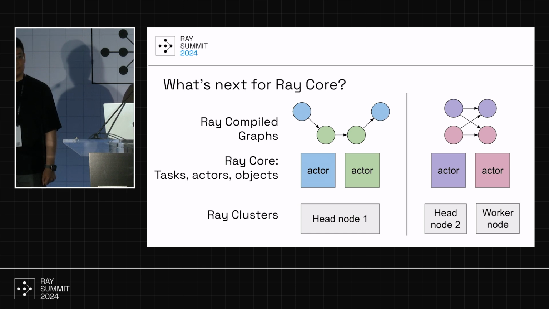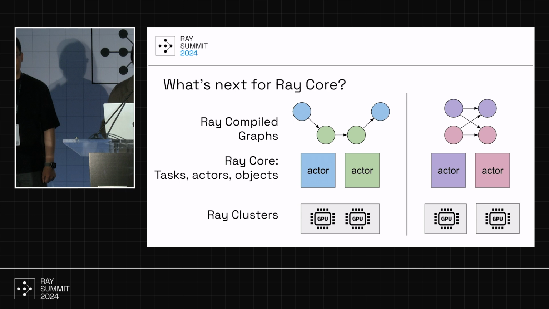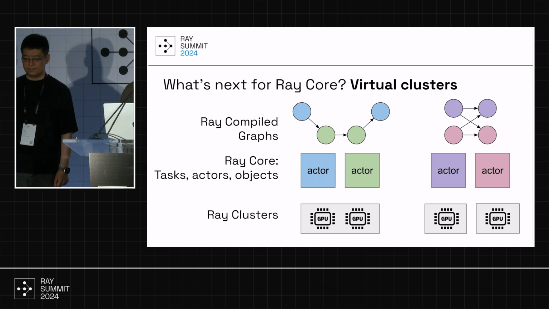Now, historically, whenever you build a Ray application, you often need to create its own Ray cluster just to host that application, which can really be a problem, especially if you're talking about expensive GPU resources, where you might want to share these GPUs across different Ray applications, right? To better support this, we're excited to announce a new feature in the future of Ray Core, which is called virtual clusters.